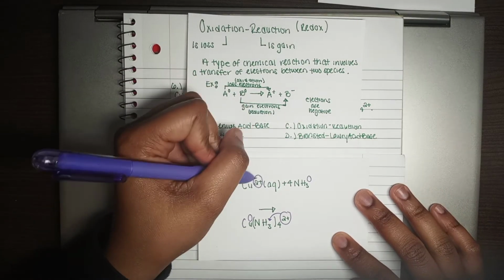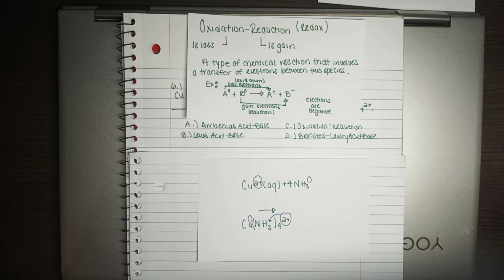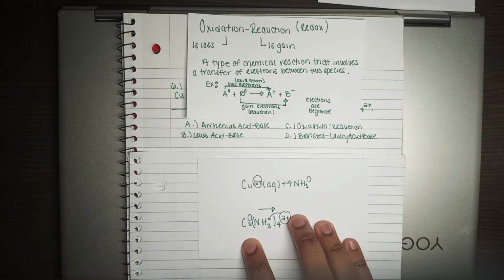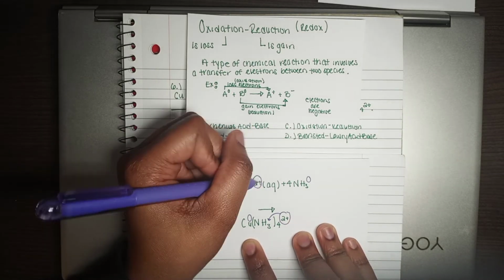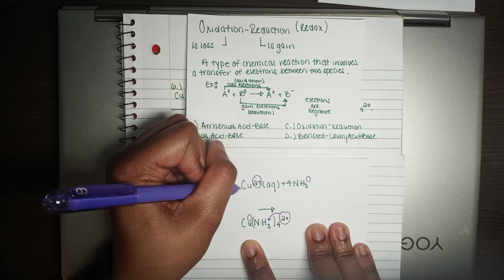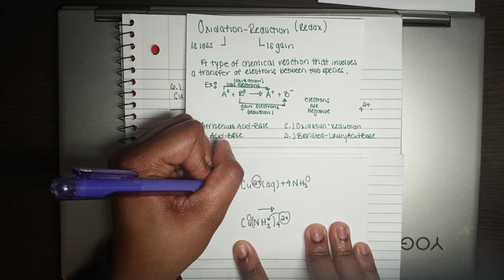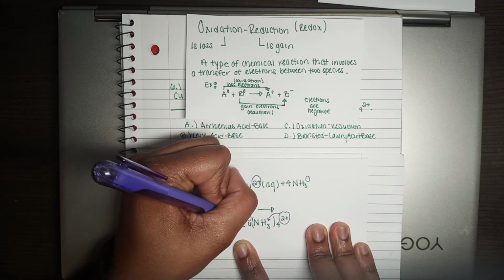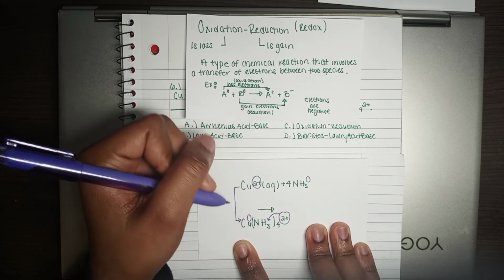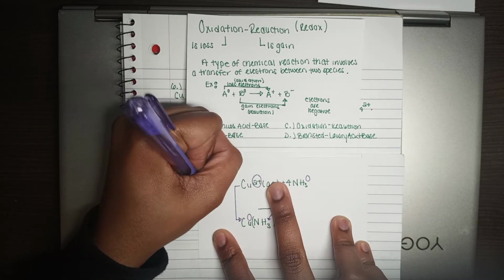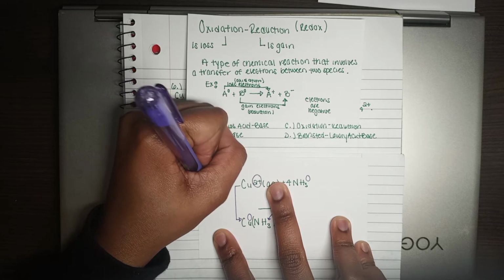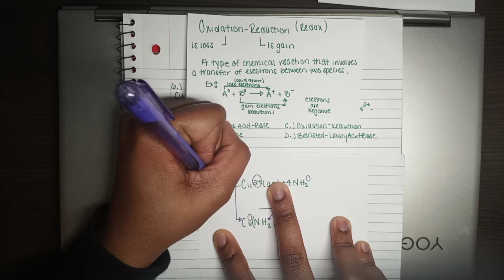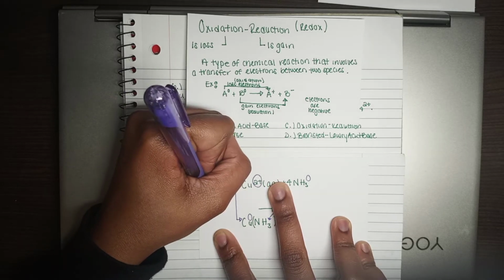And after looking at it, keeping in mind that oxidation is loss, reduction is gain, and that electrons are supposed to be negative, you can tell that copper here loses 2 electrons.